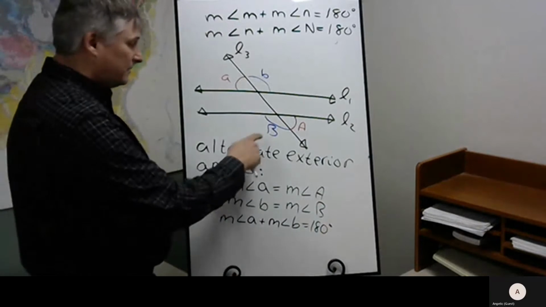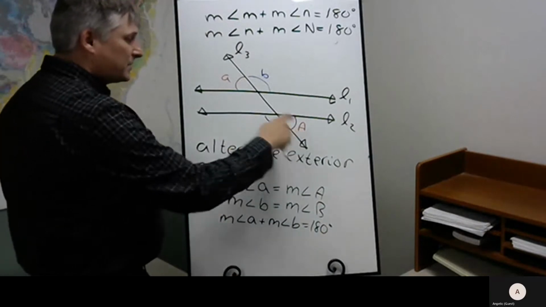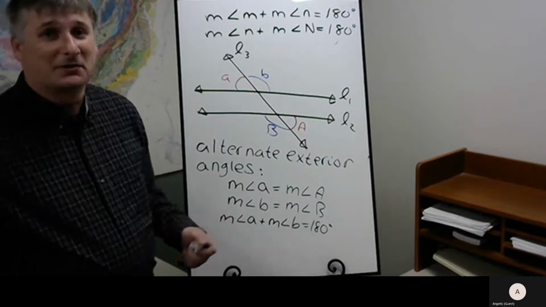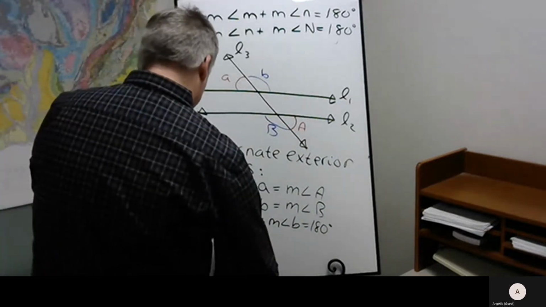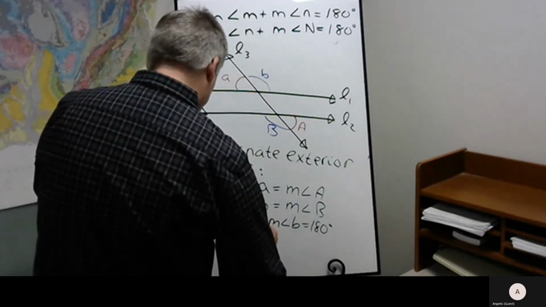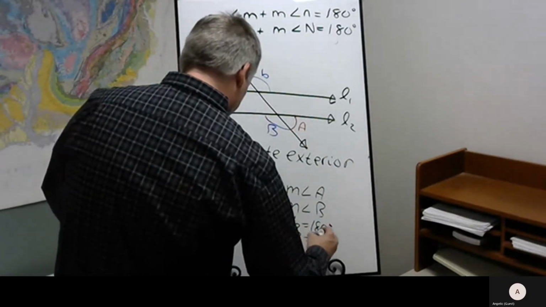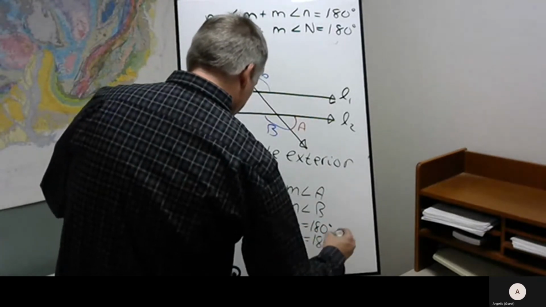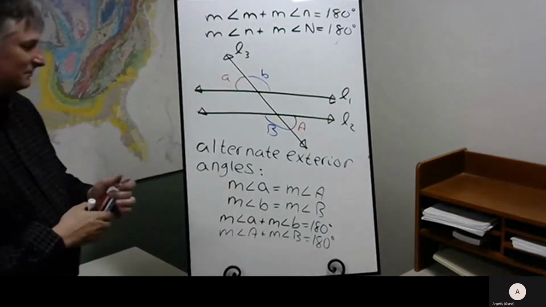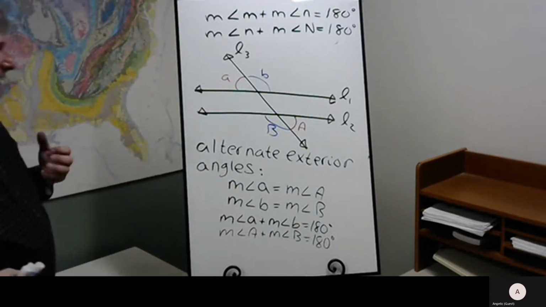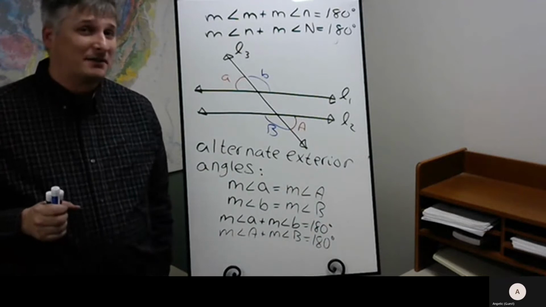And then same here, the measure of capital B and the measure of capital A, if you add those, you'll also get 180 degrees. So any questions about that?